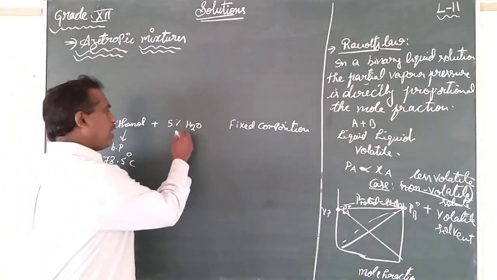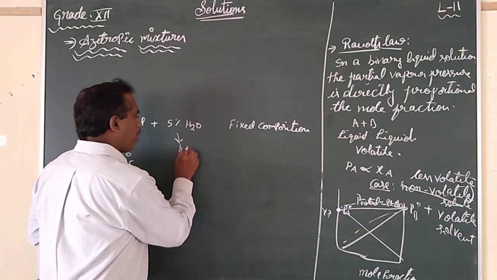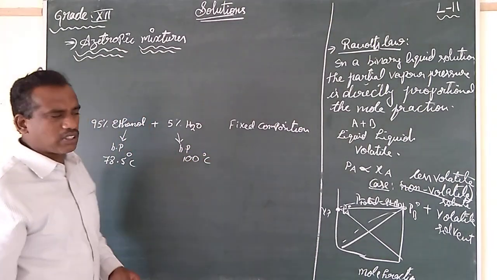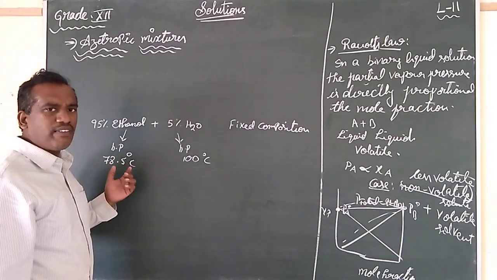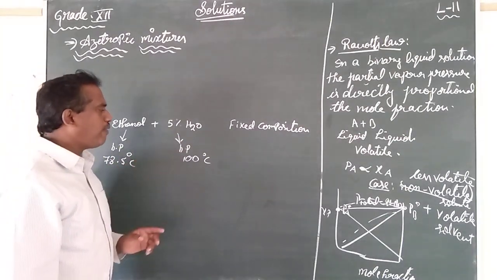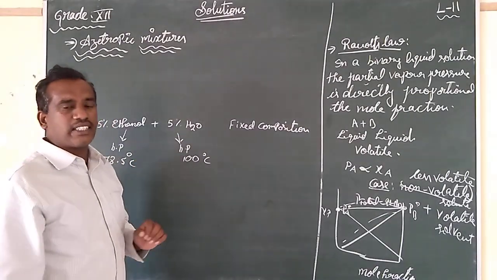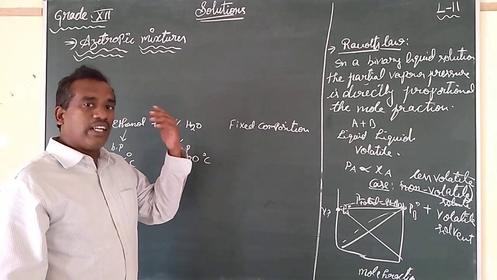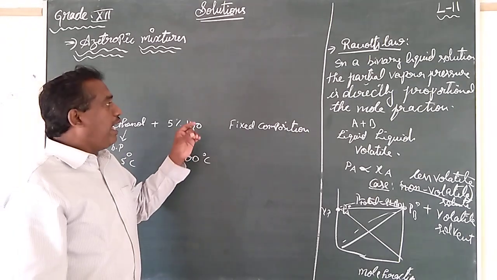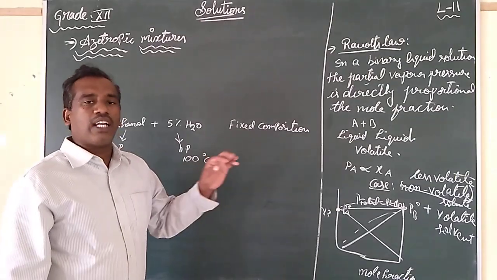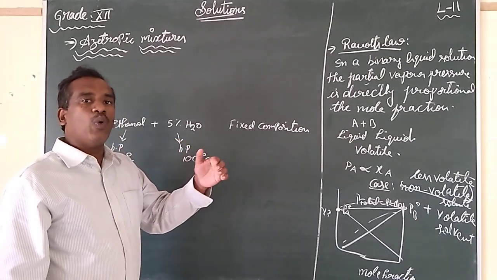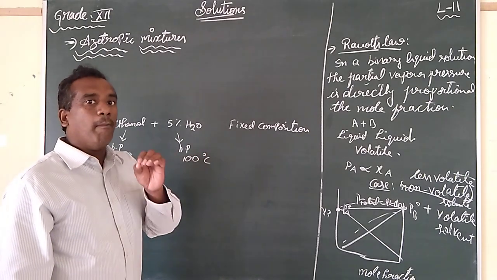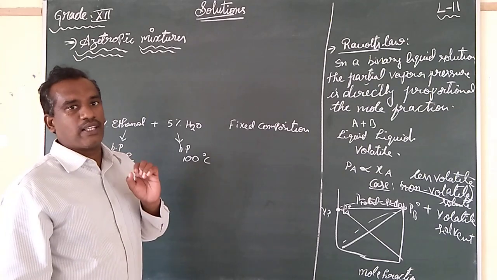Actually, we know the boiling point of water is 100 degrees Celsius, and the boiling point of ethanol is 78.5. The compounds have different boiling points, but under a fixed composition they boil at the same temperature.